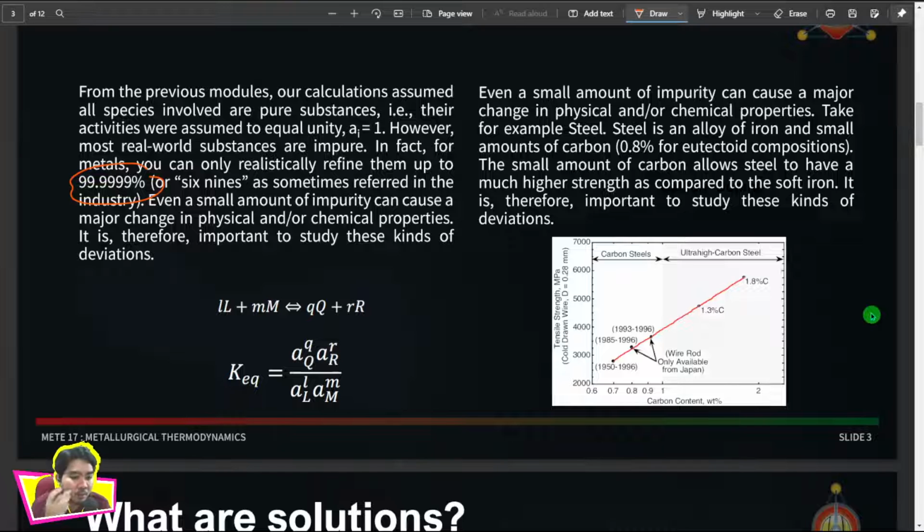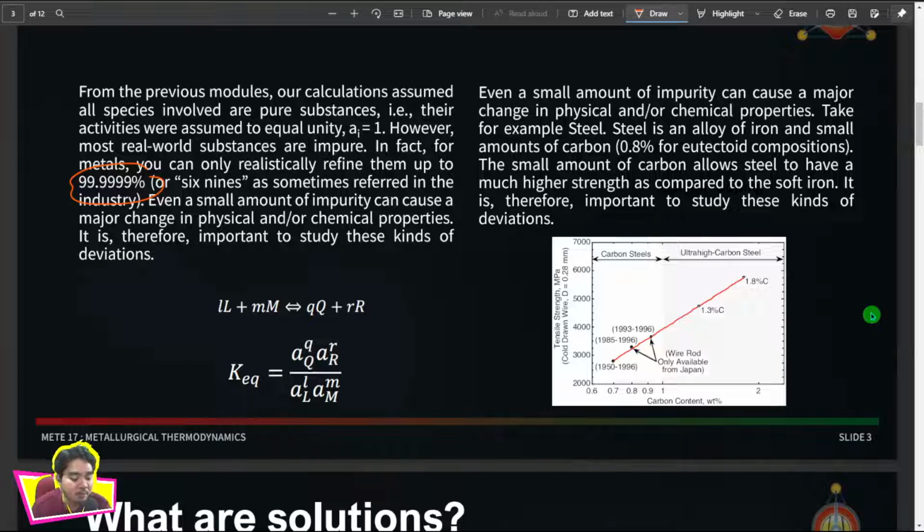Now, this might be insignificant also. You might think na insignificant naman siguro yung 0.0001% na yun. But in some cases, yung 0.0001 na yun could introduce several changes to the properties of whatever species that is involved.